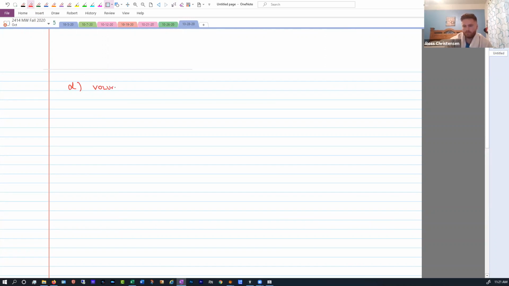Volume of solid about the y-axis. So we have that same region. Now we're going to wrap around the y-axis.